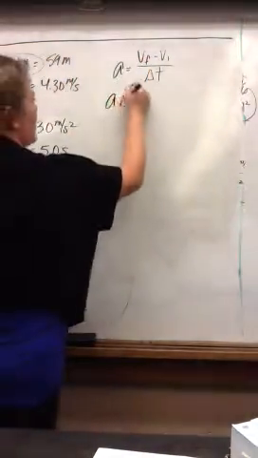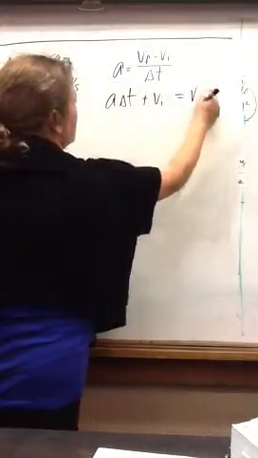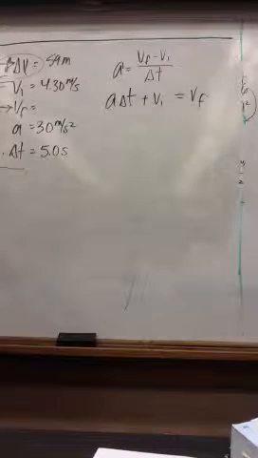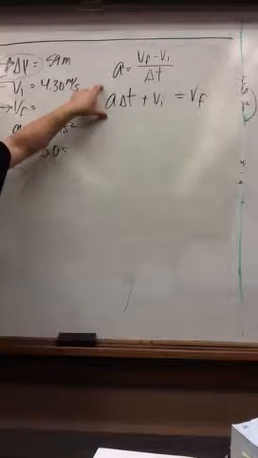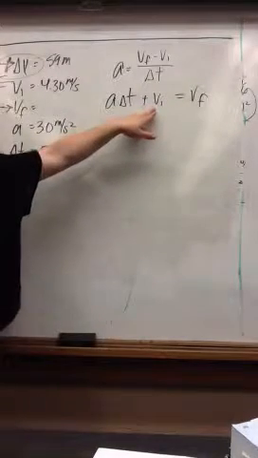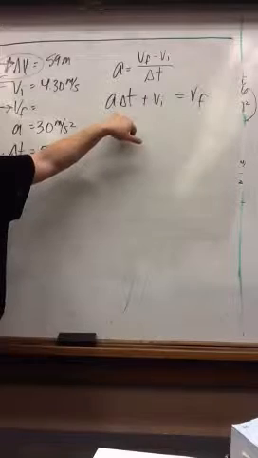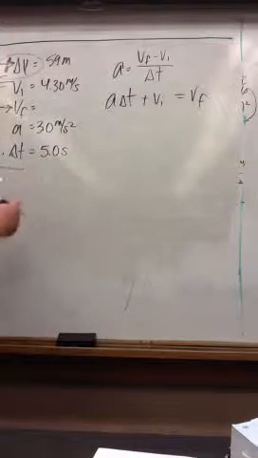So we can rearrange that to say that final velocity is simply equal to a delta t plus vi. And this is really a statement of common sense. How fast you're going at the end is how fast you were going when you started, plus the amount of time you were able to accelerate at a given rate. So you can think about that one that way.